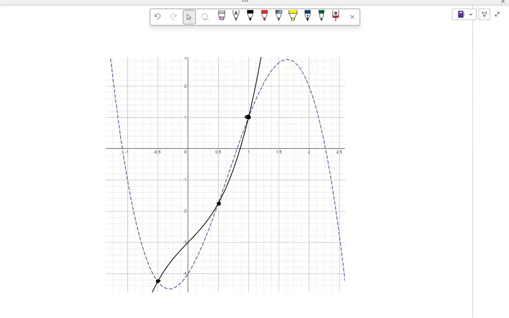So which regions am I looking at? Am I looking over here? Nope. Am I looking here? Yeah, the solid's above the dash here, right? So this one's a good one. How about here? Nope, the dash one's above, right? How about over here?